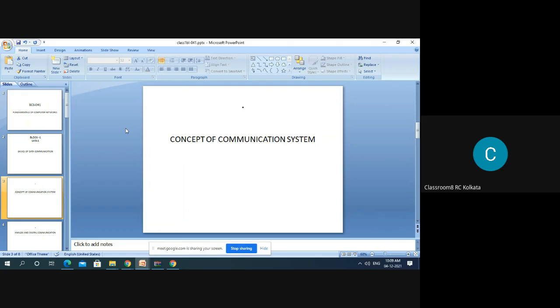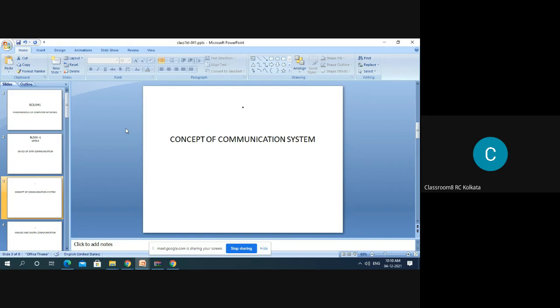For data communication to occur, the communicating devices must be part of a communication system made up of a combination of hardware, software devices and programs. Generally, there are 5 components of a data communication system: message, sender, receiver, transmission medium, and set of rules.